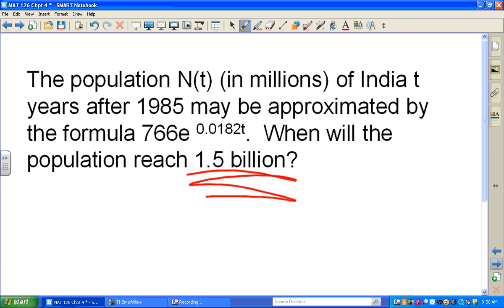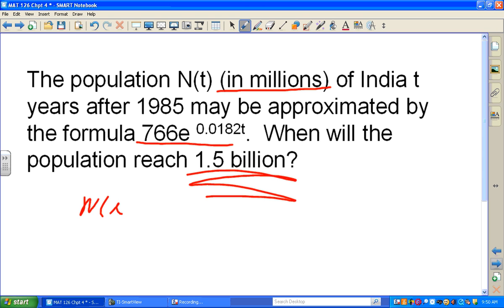How do you solve this one? The population, in millions, of India is this equation. When will it reach 1.5 billion? Set 1.5 equal. Very good. Set 1.5 billion equal to it, except this equation is already in millions.